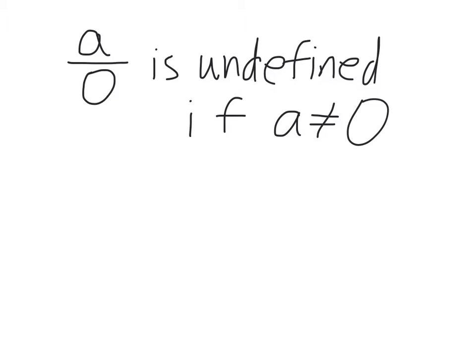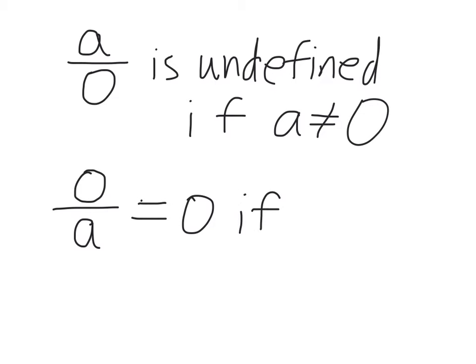We'll look at that here in just a second. And then 0 divided by some number a is 0, again, as long as a does not equal 0.